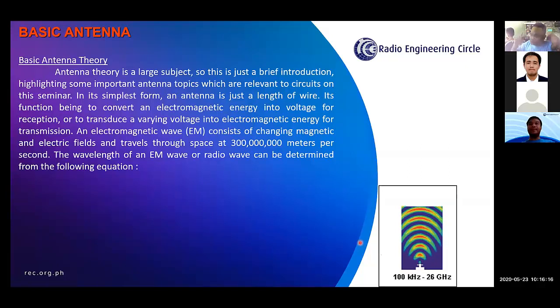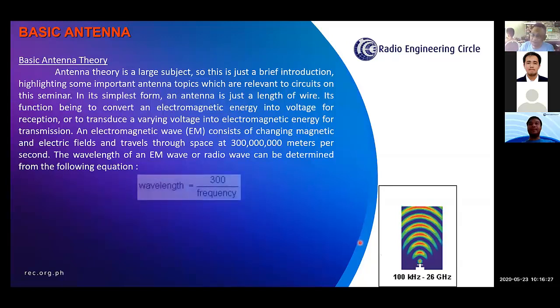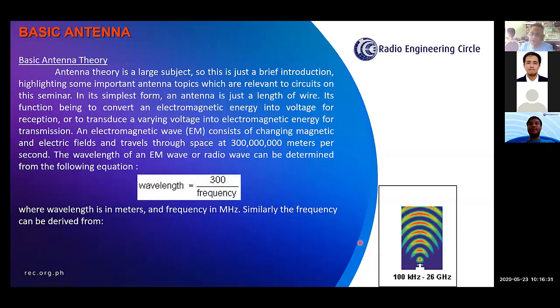Ang importante muna sa antenna basically is the formula, the equation. Okay. What is the basic equation of an antenna? Wavelength is equal to 300 times 10 to the 8 meter per second over frequency. Tanggal ko na yun, parang senior cut ko na lang. 300 over the frequency, basta tanggalin yung 10 to the 6 megahertz.